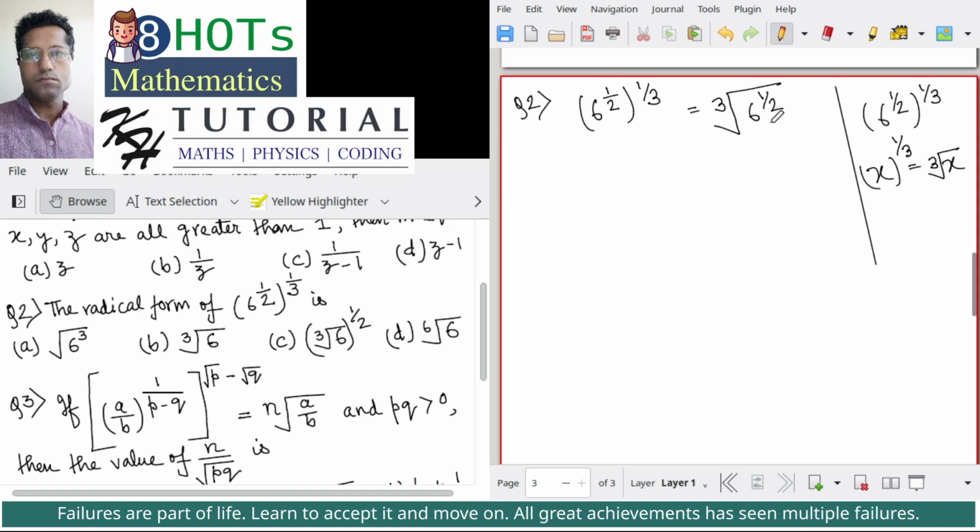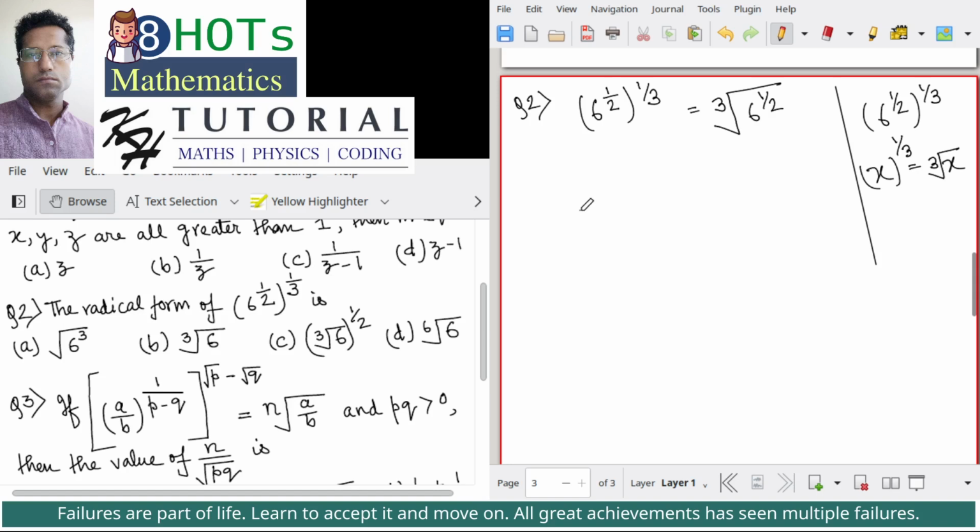Now we have to convert it into the radical form, and appropriately select the correct choice. Even though this form, the cube root of 6 raised to the power half, is also in radical form, this form is not there in any of the given choices. We have to appropriately select the correct choice.